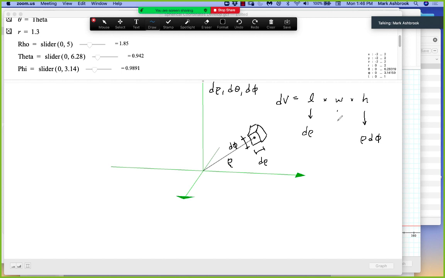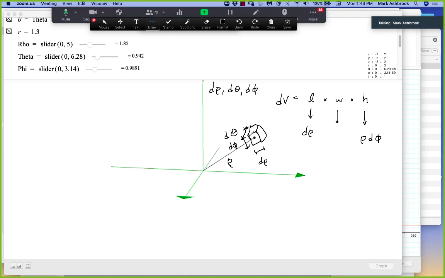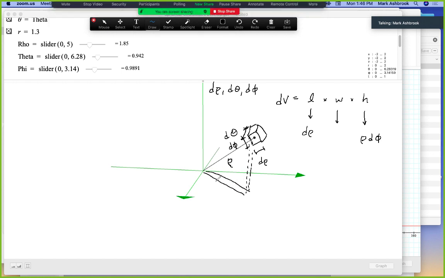Finally, width is going to be this back here. This dimension is d what? Theta. That's d theta. And what radius is that away? That's the r, just like cylindrical or polar coordinates. So here's my d theta projected down, and that's based on a distance away of r.